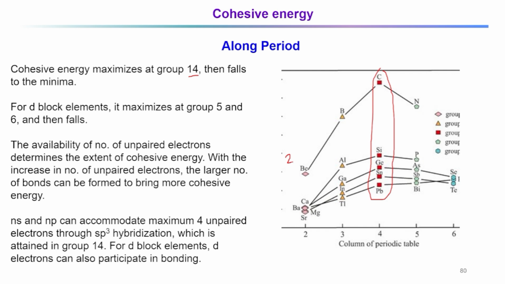So I will write here the electronic configurations. Now this one is 2s2, 2p1, and for carbon it will actually be 2s2, 2p2.